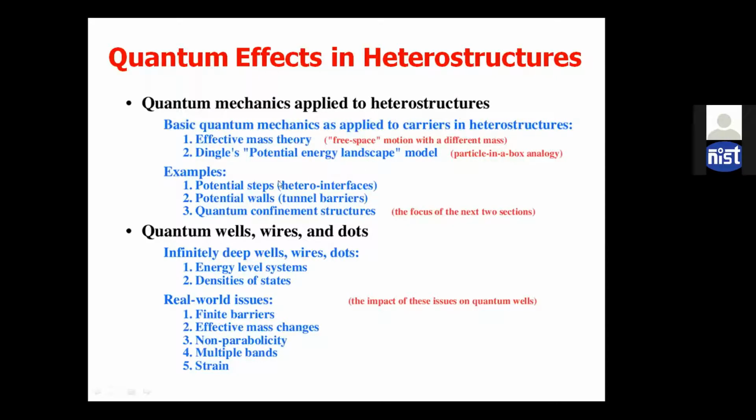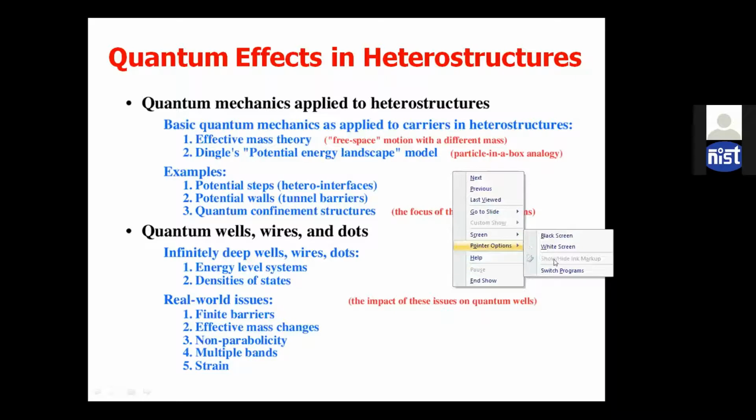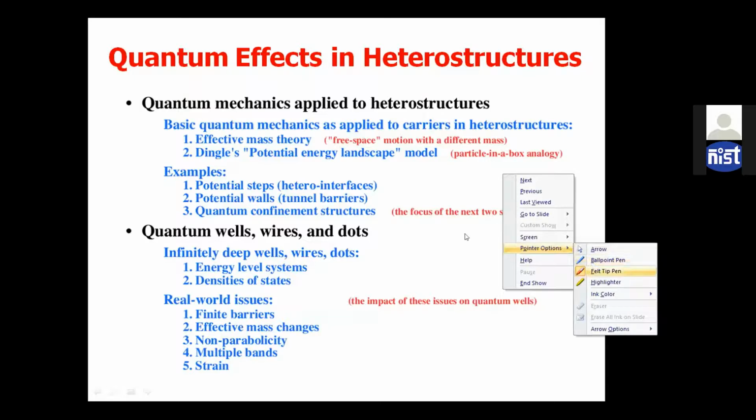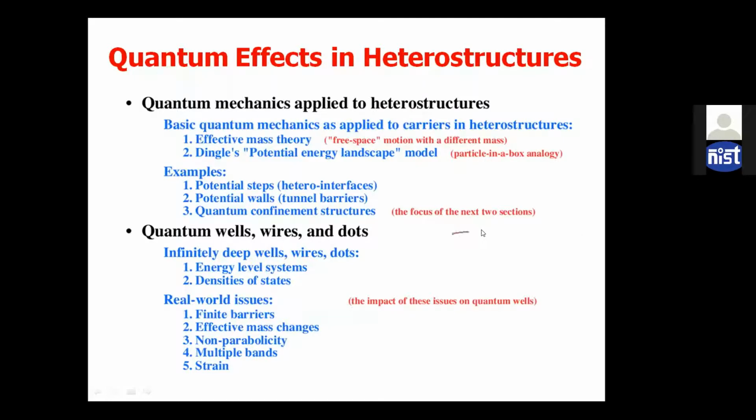For example, you can take the potential wells and quantum confinement structures. That effective mass theory is very useful, as we have learned from the graduation level. So, for example, if you take a simple quantum well that I explained here, this region is AlGaAs and this region is GaAs, the well region.